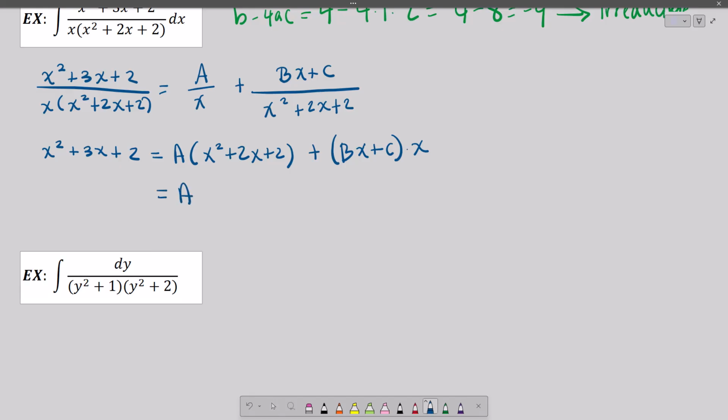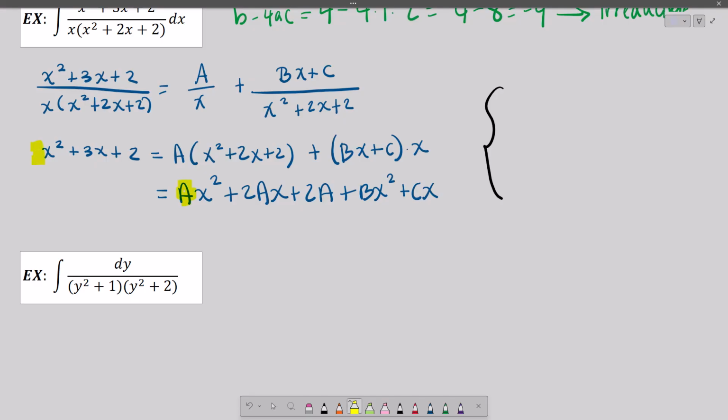So we distribute the A, distribute the x, and then we're going to set up our system. Coefficient of x squared over here is 1.